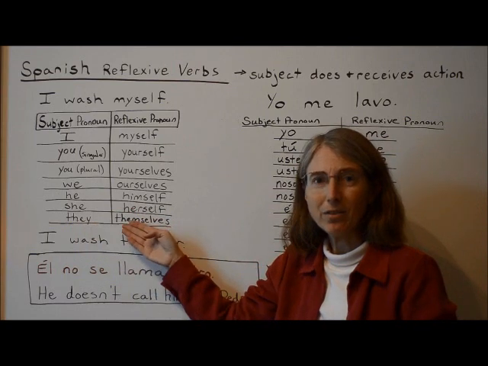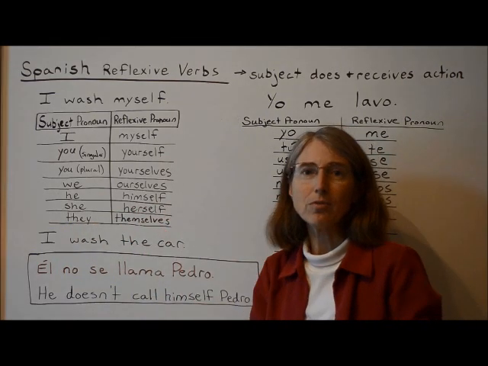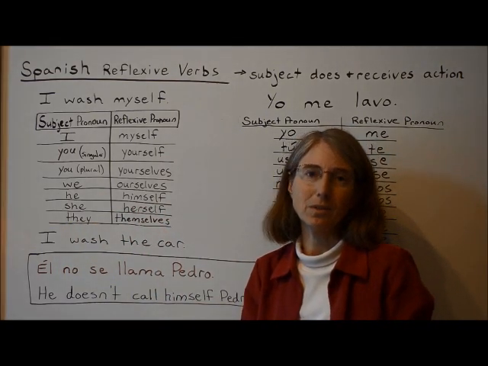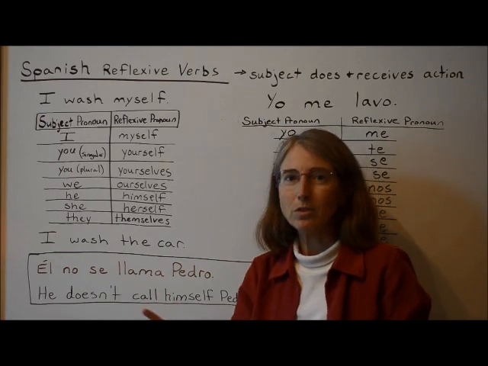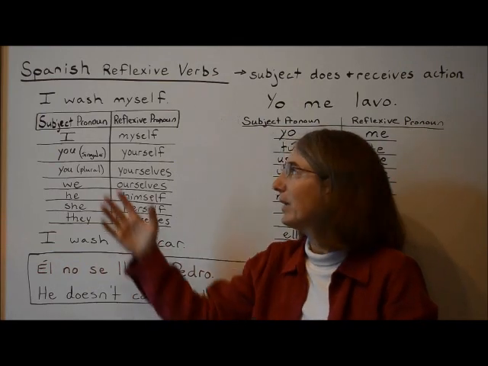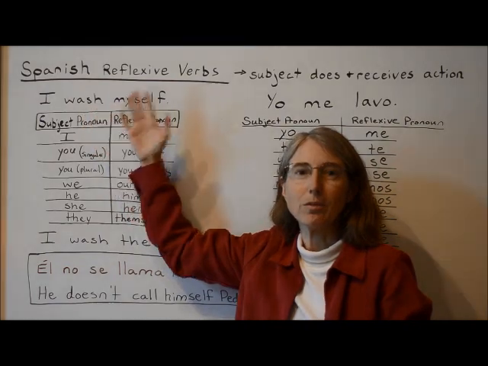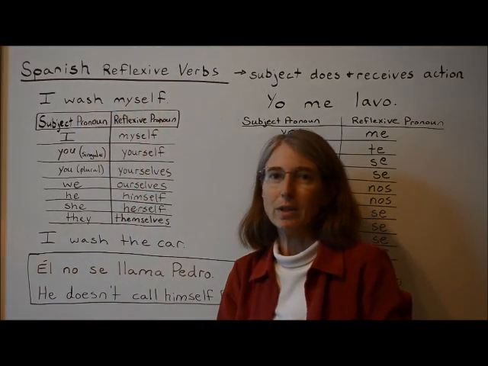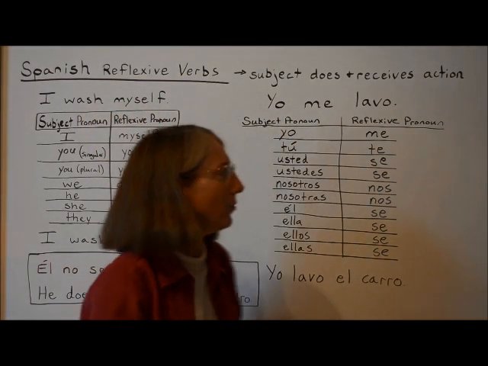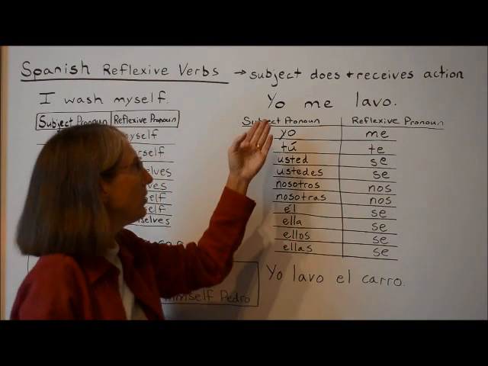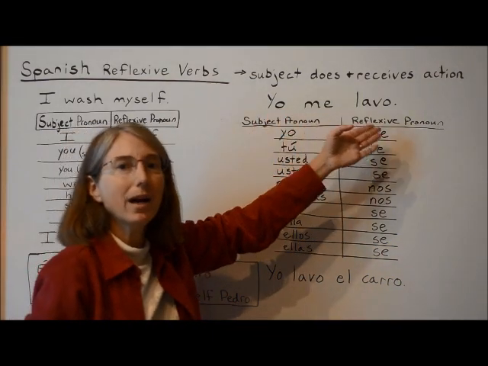They, themselves. And in Spanish, reflexive verbs work very similarly. There's one small difference, but other than that, we have a subject, a verb, and a recipient pronoun. We take that same sentence in Spanish, yo me lavo.